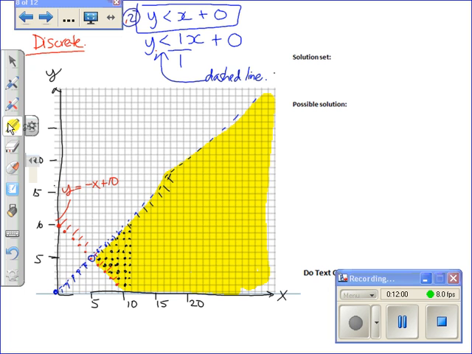So my solution set, if I were to describe it, it's the whole number coordinates, or whole numbers, on and above the boundary. So we can say it's going to be whole numbers on and above the red line, right? So on and above y equals negative x plus 10.